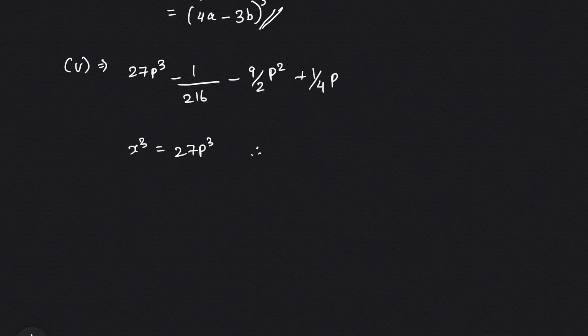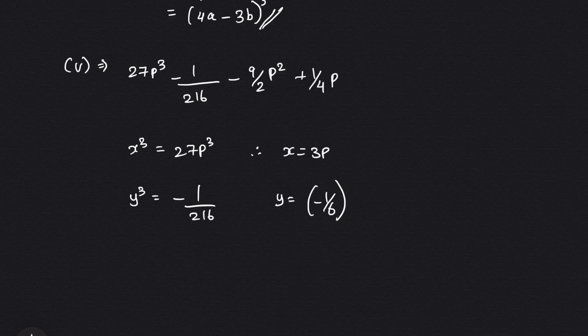So the value x equal to 3p. Then comparing the y position. y cube equal to negative 1 upon 216. So 216 is equal to 6 cube. So value of y equal to negative 1 upon 6.